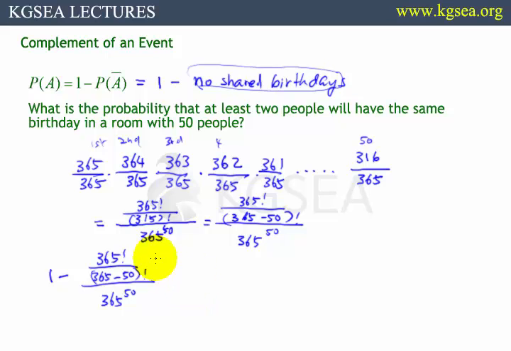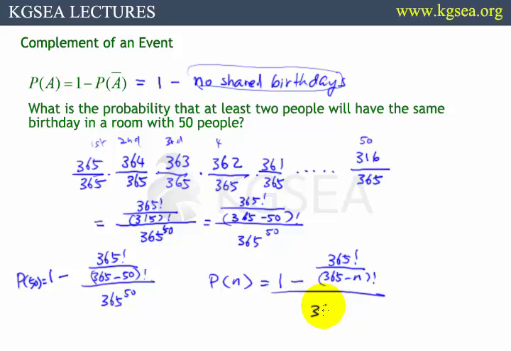Okay, let's get a little bit more fancy here. Can we do n? If there are n people in the room, what's the chance that at least two people would share the birthday? That would be 1 minus 365 factorial over 365 minus n, instead of 50 we are using n, divided by 365 to the nth power.